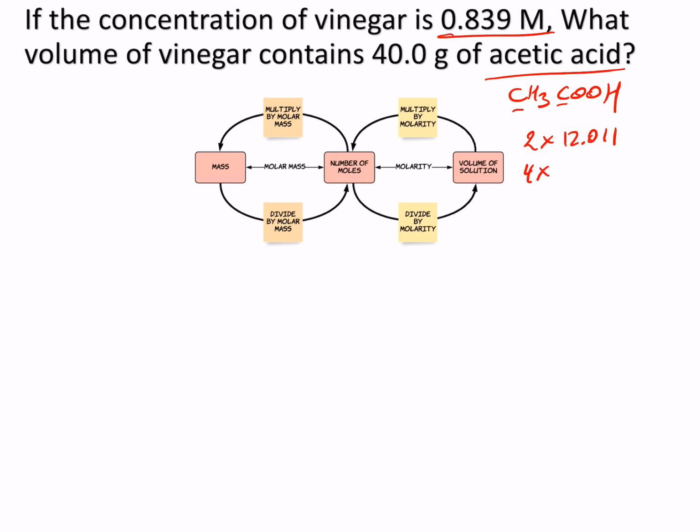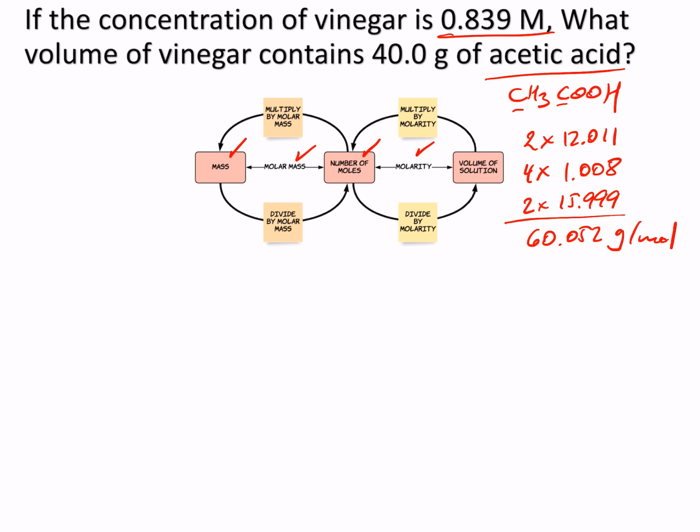You have 4 hydrogens, 4 times 1.008, and you have 2 oxygens times 15.999. That adds up to 60.052 grams per mole. So you have the mass. Now we have the molar mass, which means we can calculate number of moles, and then you have the molarity.